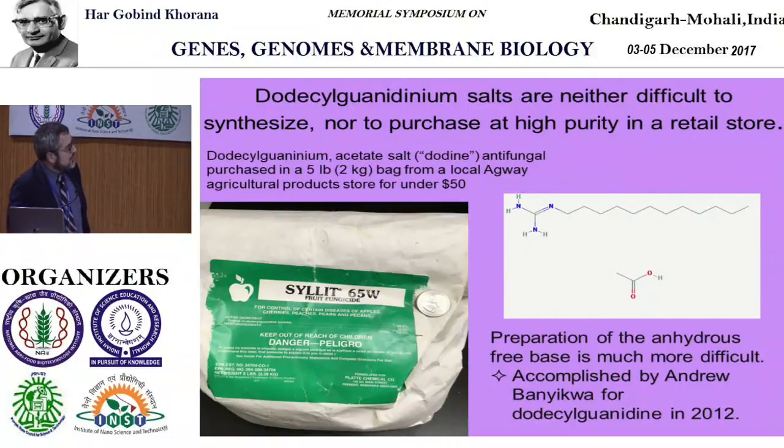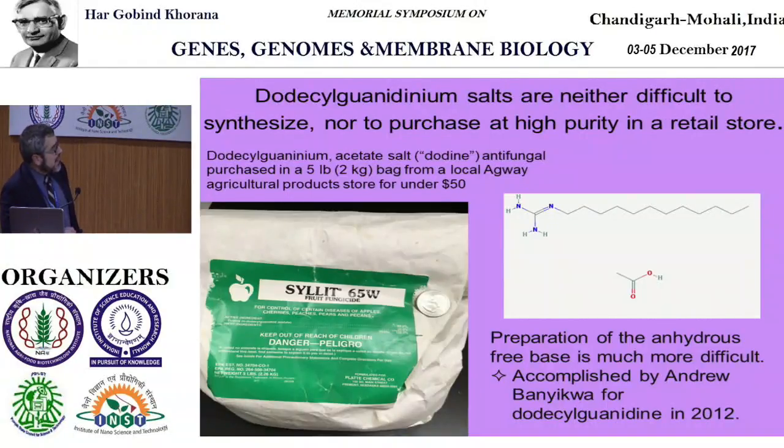And I thought I would show this since this is an Agri-Food Biotechnology Institute. The area around Syracuse has a big agricultural industry based on growing fruit, mainly apples and grapes. And so the use of dodecyl guanidine as a fruit fungicide made it possible for me to purchase several kilograms.